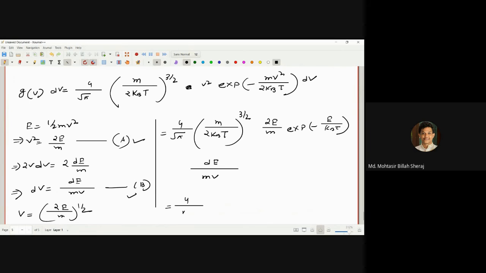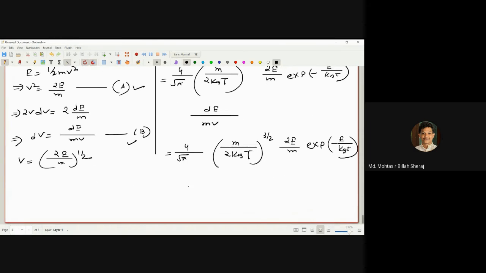So we can write 4 by root pi (m by 2 kBT) whole to the power 3 by 2, 2E by m, e to the power minus E by kBT. So dE, 1 by mv equals to 1 by m, and 1 by v equals to (m by 2E) to the power half, and with this dE, this is equals to g(E) dE.